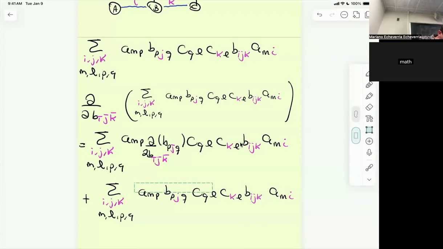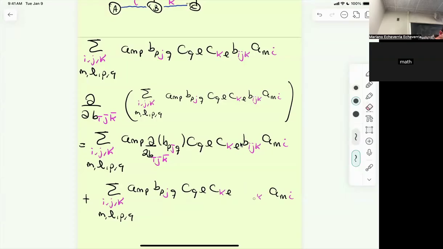Let me see if I can move this around so that I have a little bit more room to write down the partial derivative here.